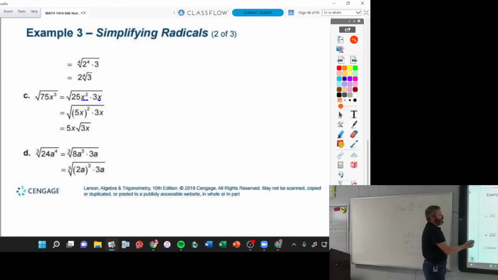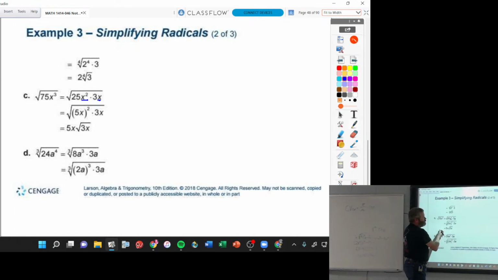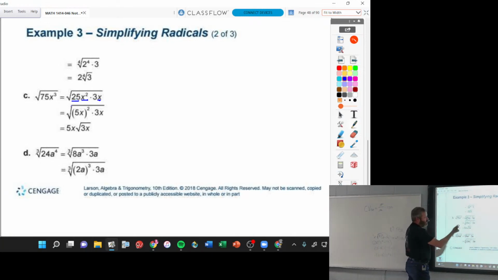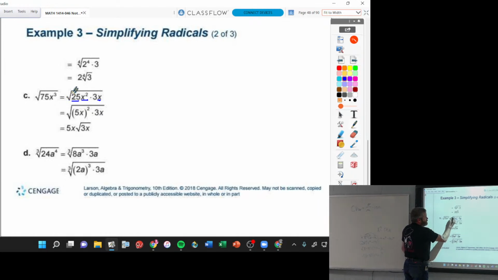Now x squared is a perfect square, and 25 is also a perfect square. The square root of 25 is 5 and the square root of x squared is x. There are no perfect squares that go into 3 or x, so they stay inside the radical.